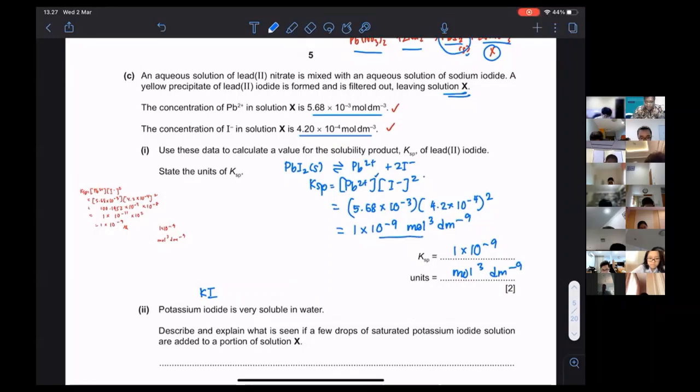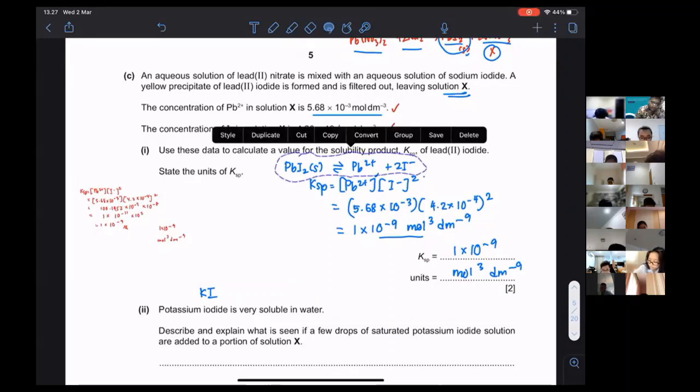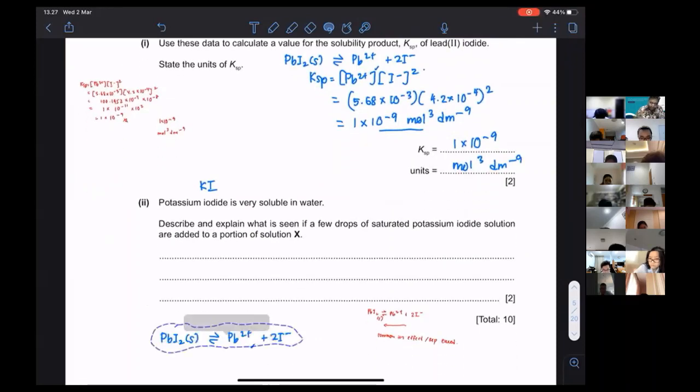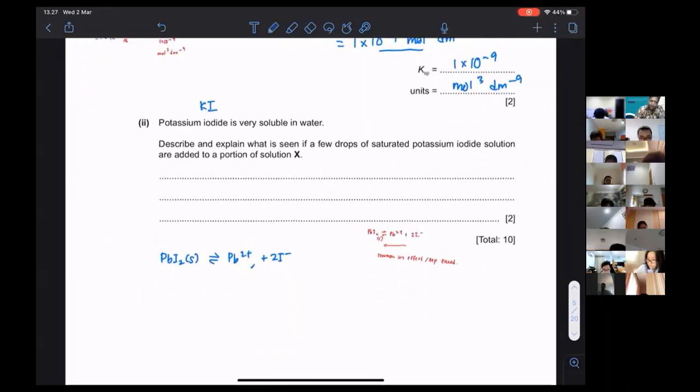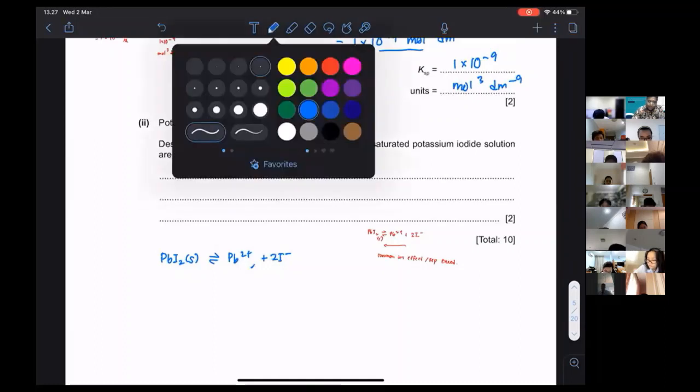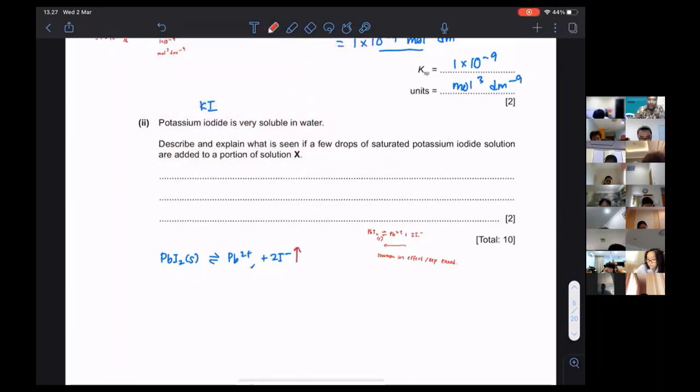If you just take this particular equation and copy it over here, when you add the KI, what are you doing? You are just increasing the concentration of the I-. And to eliminate this I-, according to Le Chatelier's principle, the position of the equilibrium shifts to the left-hand side. That is going to cause formation of precipitate.